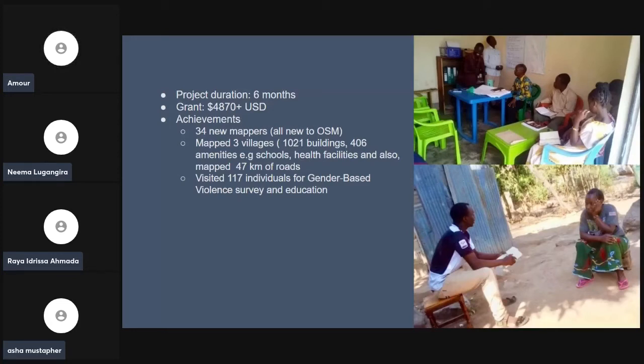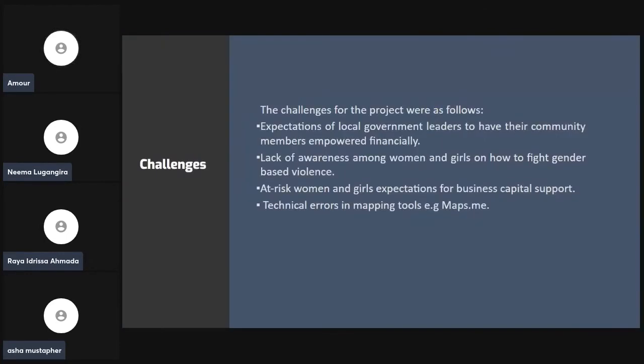So these are also some of the leaders who are involved in this mapping process. Too bad for them, they didn't join, but that is what they are doing in our project.